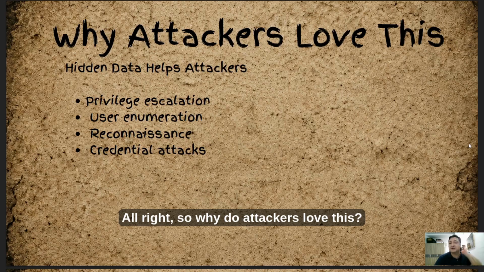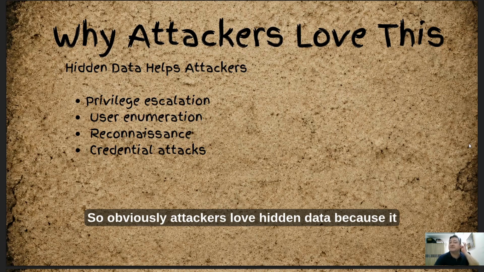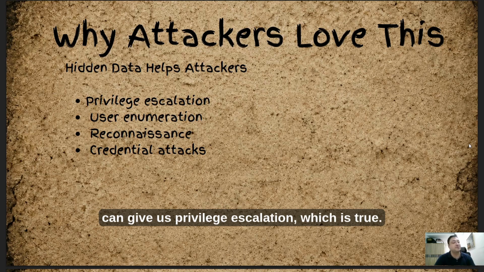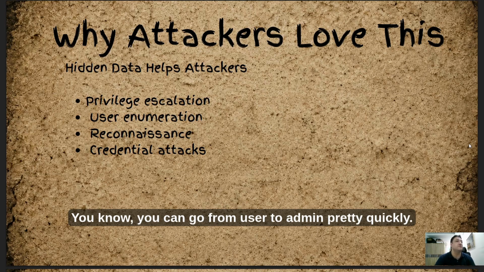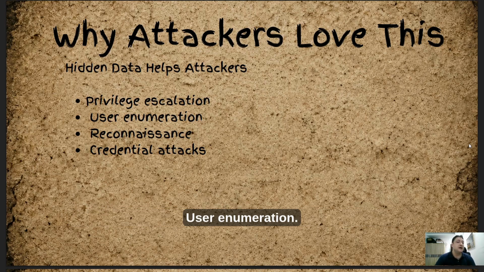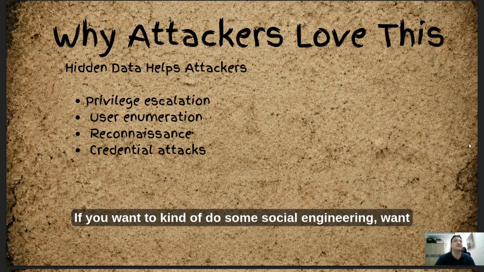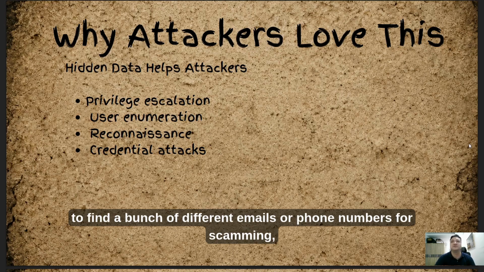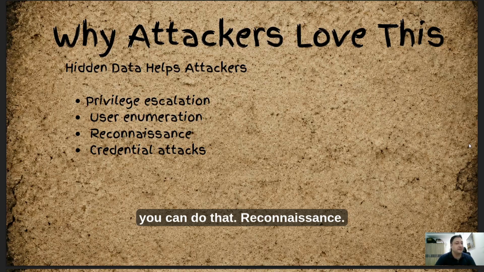All right, so why do attackers love this? Obviously attackers love hidden data because it can give us privilege escalation, which is true. You can go from user to admin pretty quickly. User enumeration, so maybe if you want to do some social engineering, want to find a bunch of different emails or phone numbers for scamming, you can do that.